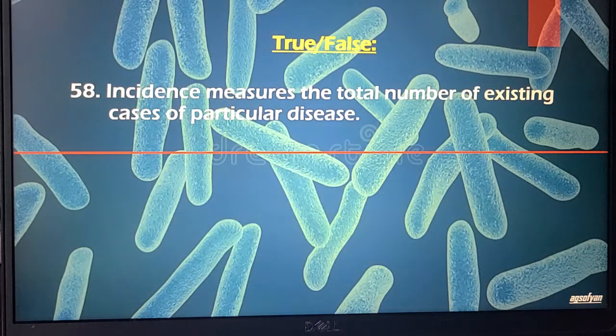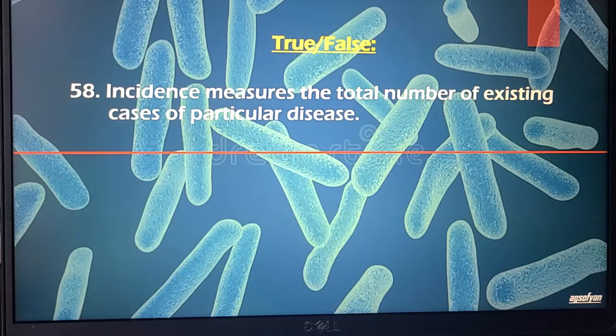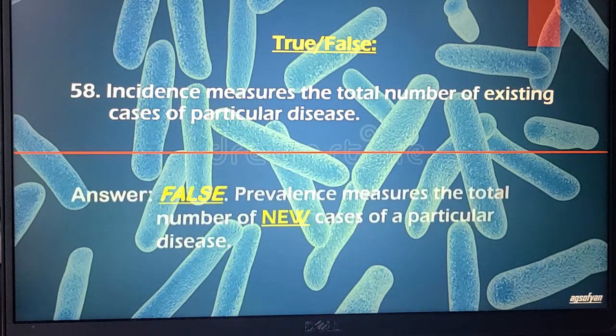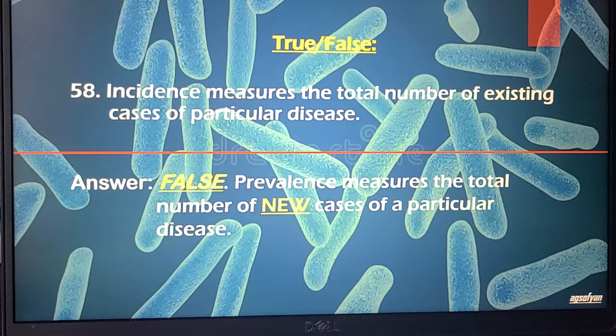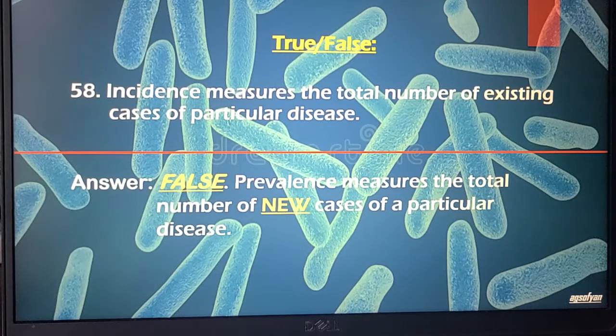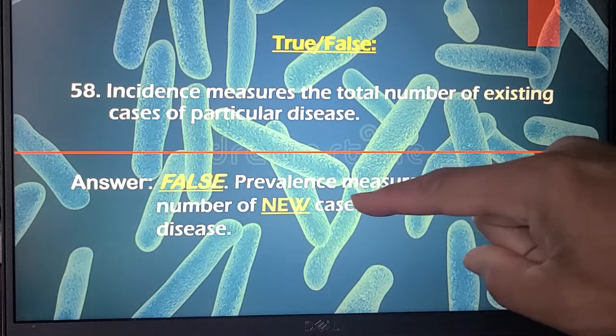Number 58. Incidence measures the total number of existing cases of a particular disease. True or false? This is also false. Incidence measures the new cases. I'm sorry, the explanation over here is not correct.